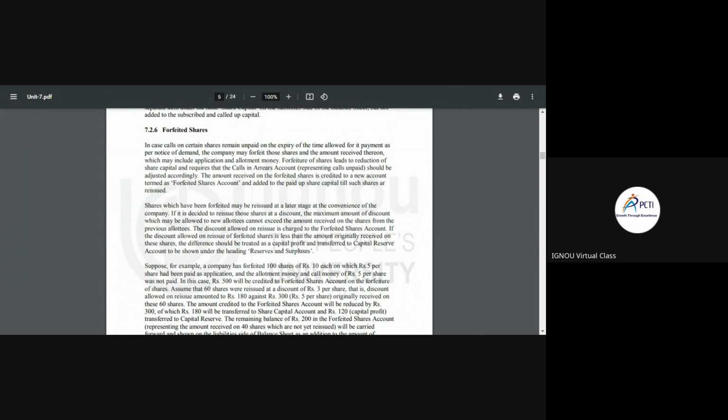These shares can be reissued to another person or not reissued. It depends on the situation of the company, what they want, and then the total amount will be transferred to the capital reserve account under the heading of reserve and surplus.